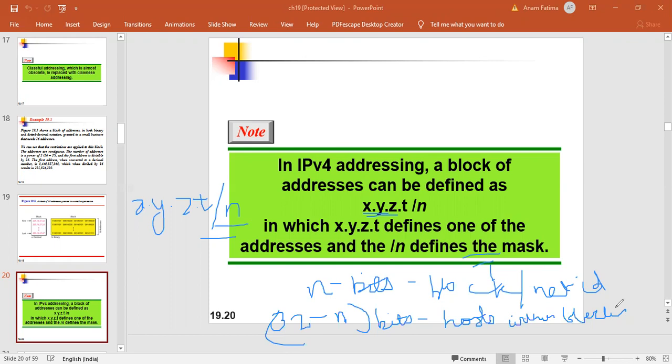It depends upon the number of hosts you want to keep within that block. This led to the concept of classless addressing, where it is not fixed how many bits you want to keep for your net ID and host ID part, but the /n notation helps us define the block of addresses we are going to assign.